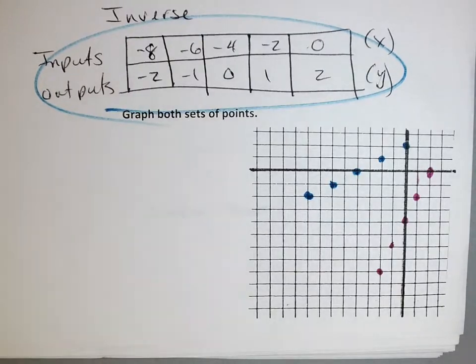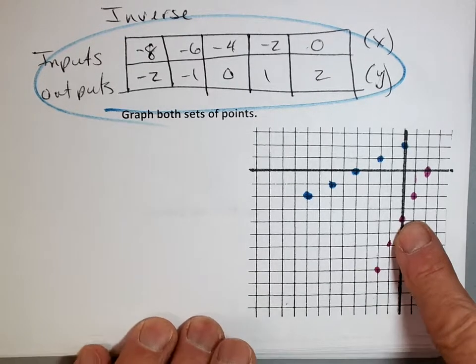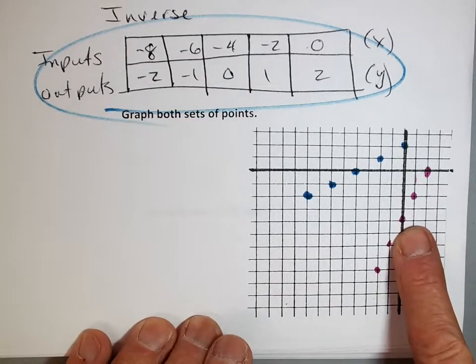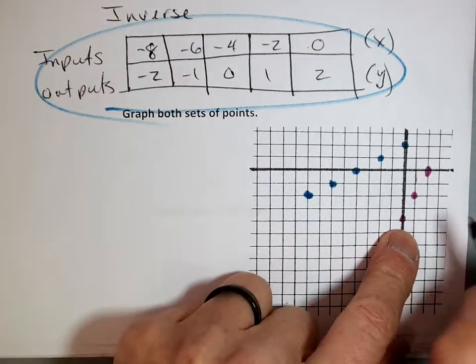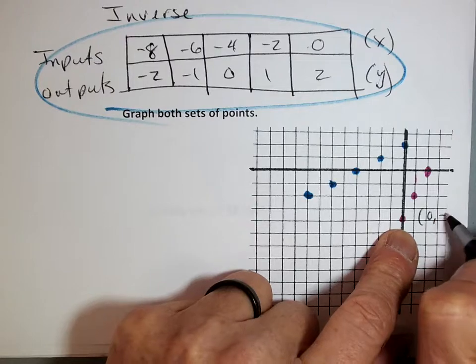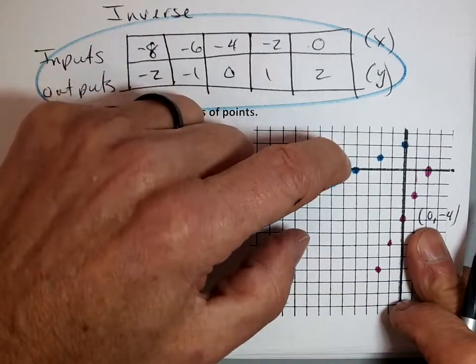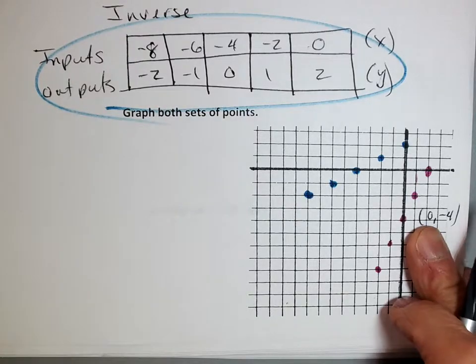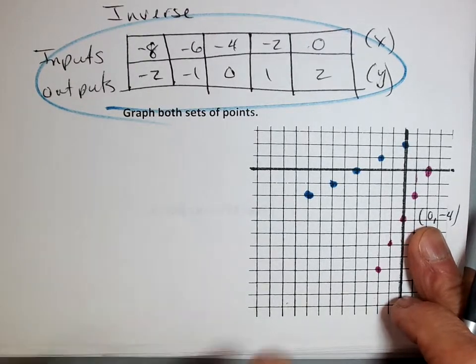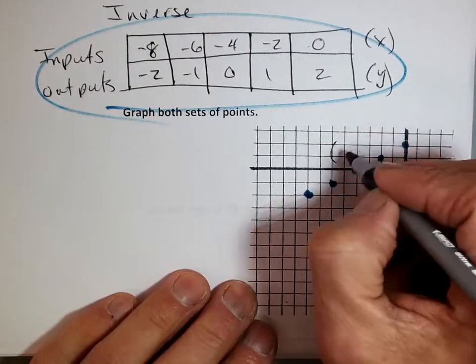Now I want to make a couple of really important points about this. First of all, if they are inverses, everything's going to be the opposite. So check it out. This point right here of 0, -4 is a y-intercept. It becomes an x-intercept of the other. That makes sense, because they're opposites, aren't they? So I got an x-intercept here of -4, 0.